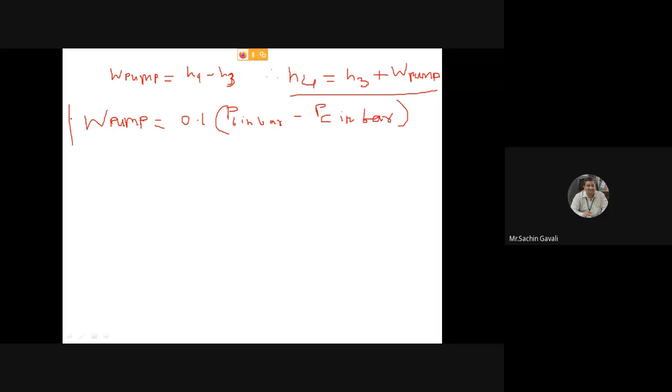How this formula comes, I will tell afterwards. It needs 5 to 10 minutes. Actually it is VDP work, and there are unit conversions. But remember that W pump is equal to 0.1 into PB in bar minus PC in bar.